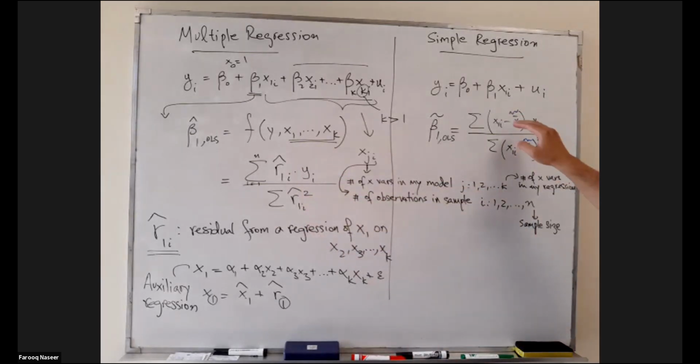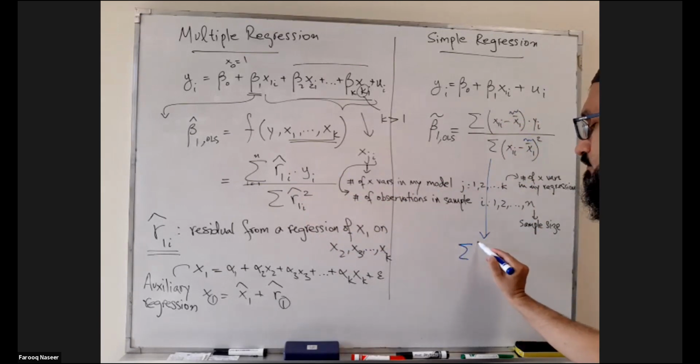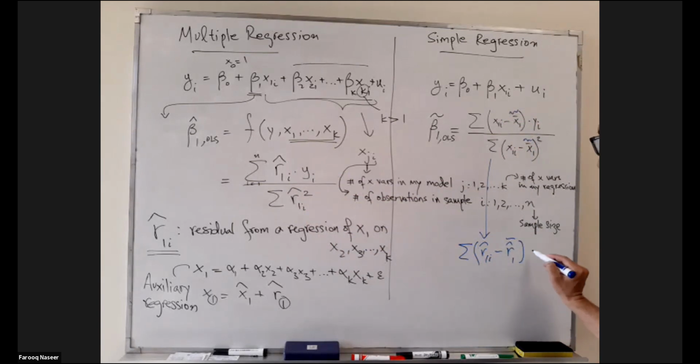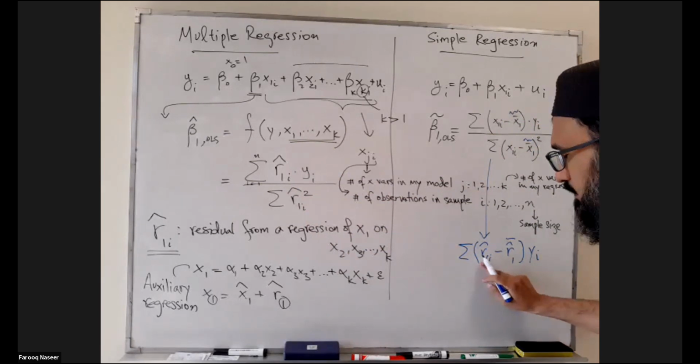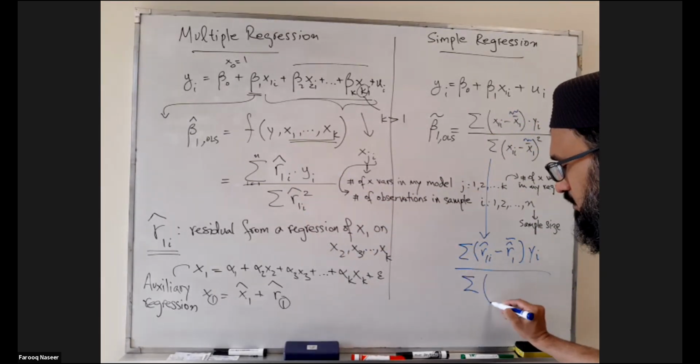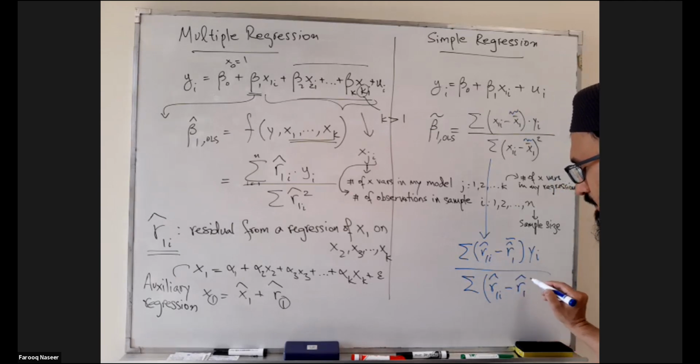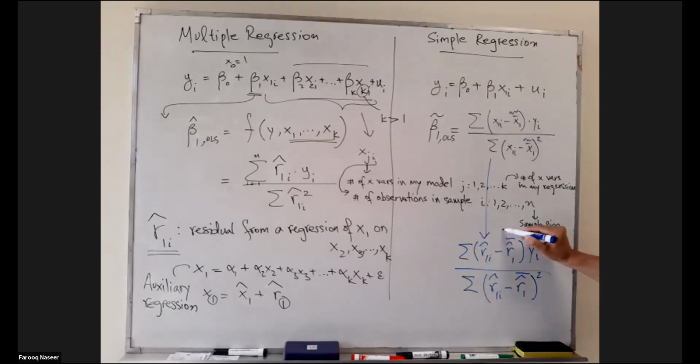So the direct analogous formula, which simply replaces x1 with r1 hat, would have in the numerator r1 hat i minus its mean, r1 hat bar, times yi, and in the denominator the summation of r1 hat minus its mean, r1 hat bar, squared. So the subtraction of r1 hat bar is the only thing not happening in this formula; everything else is the same.